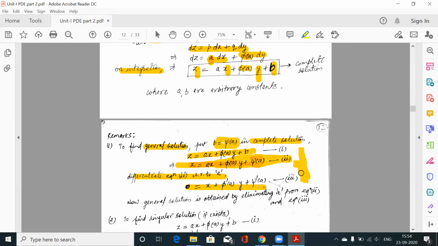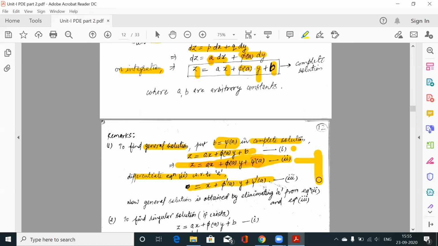Not actually equation 1, because we have to eliminate every arbitrary constant, so we cannot use this equation. Simply this, means substitute the value of b in terms of a, so this is one equation, and the other is the differentiation of this equation with respect to a.